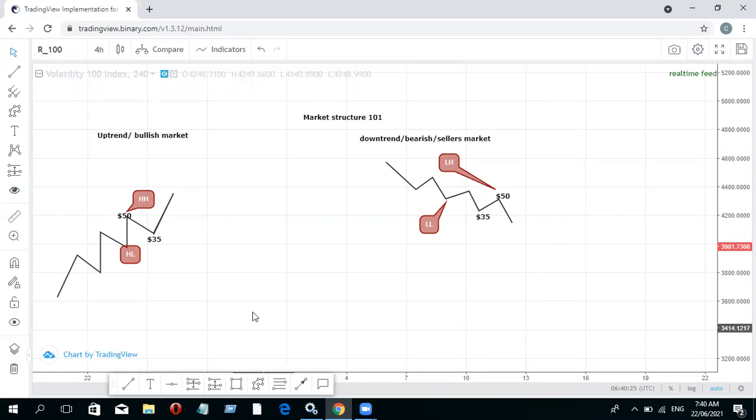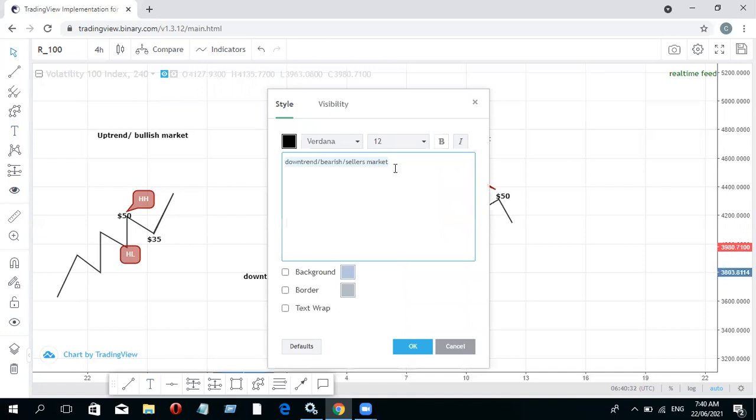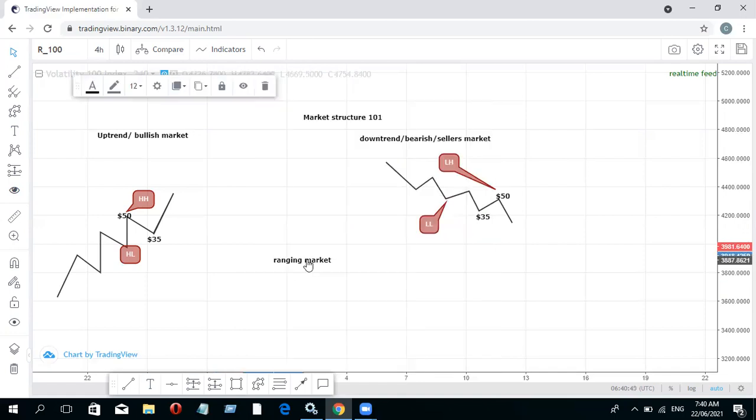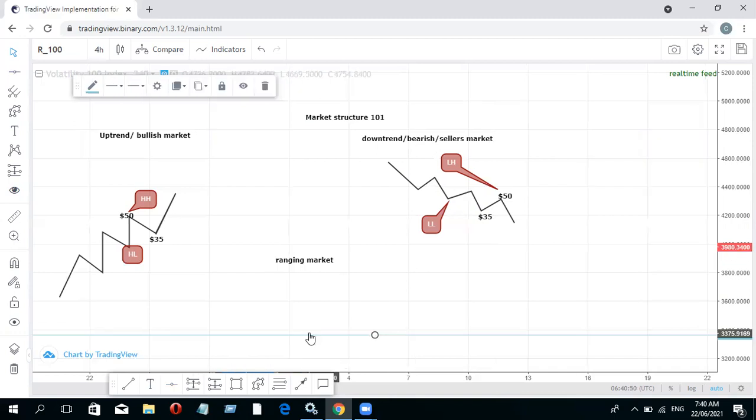Then we have another one that is called the ranging market. Okay. This is how your ranging market looks like. You have something like this.